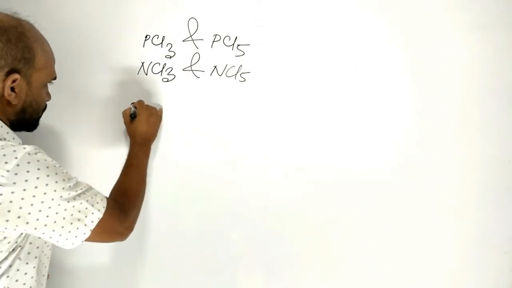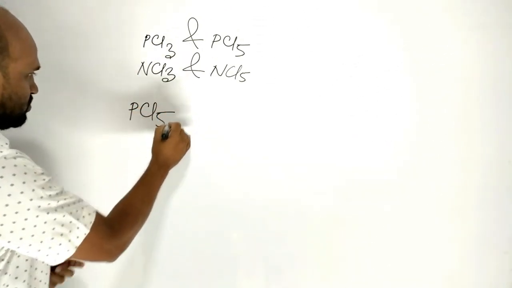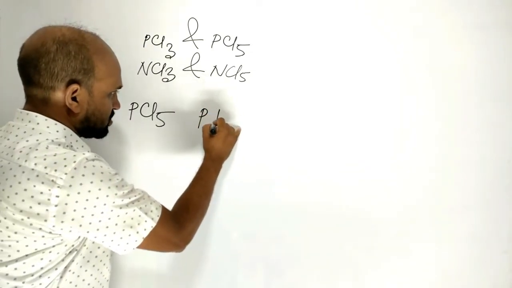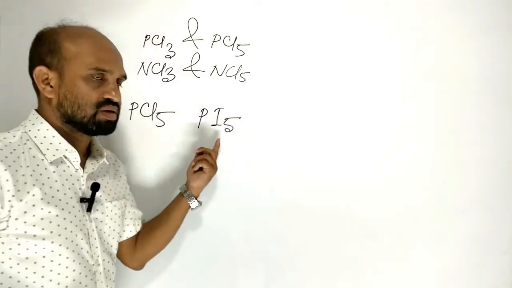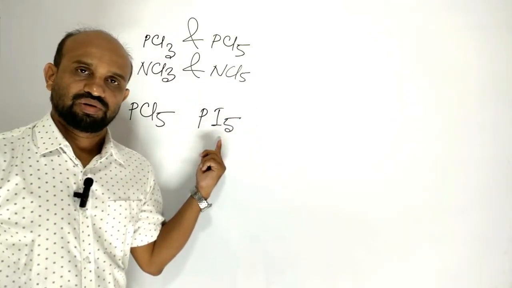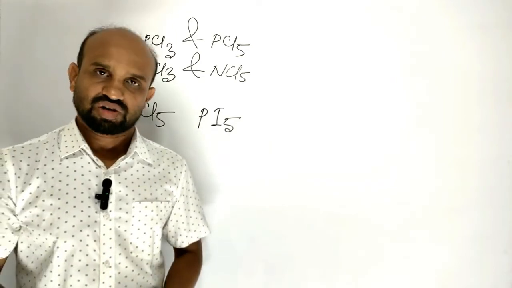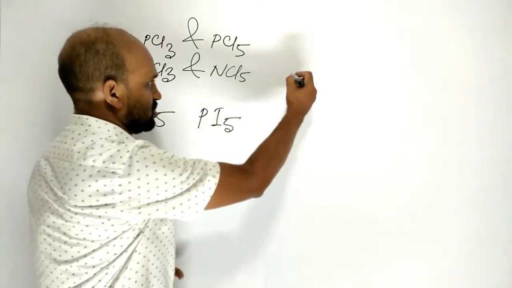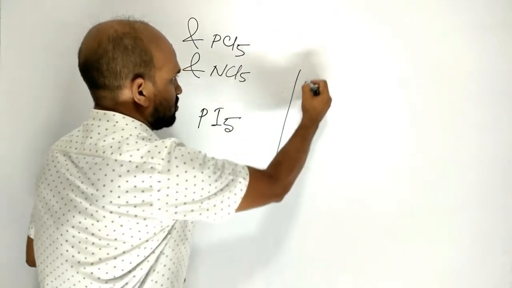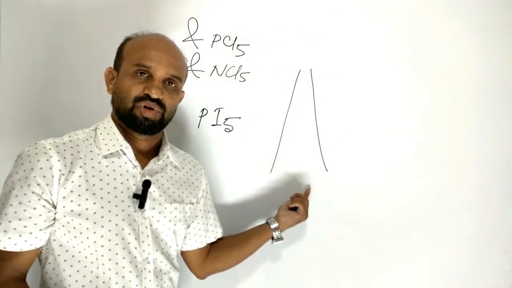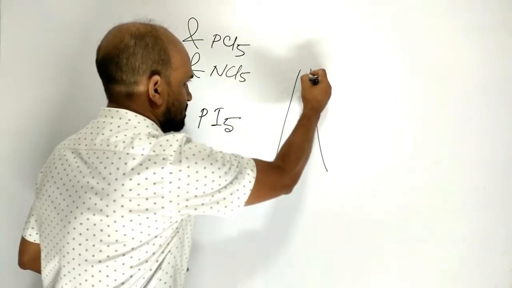As phosphorus pentachloride is formed, similarly phosphorus pentaiodide may be formed, but phosphorus pentaiodide actually is not formed, because we know that from top to bottom along a column in the periodic table, atomic size increases.